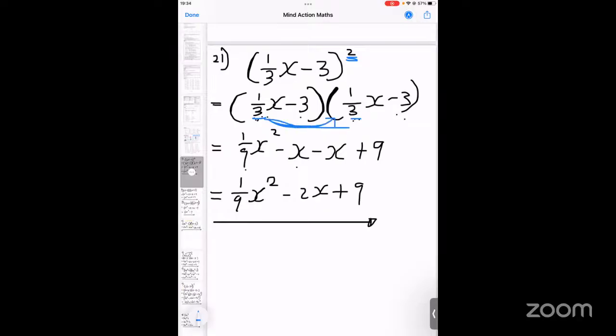Now we get to that one, which is 1 over 3x multiplying negative 3. So this will cancel with that, and you end up having negative 1x. That's where it's coming from.